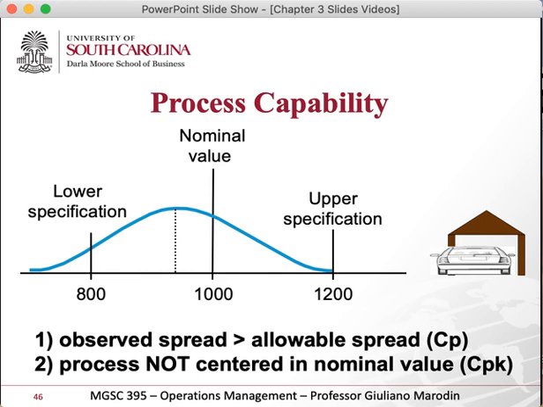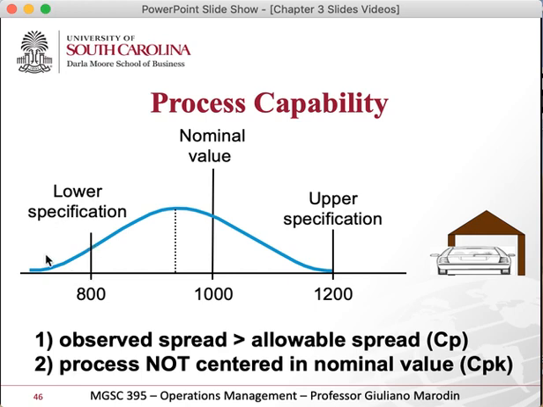And when that happens, what's happening on this side? Everything that's lower than the lower specification limit of the customer, what's going to happen? Yes, it is defective products. So all of this is defective products.